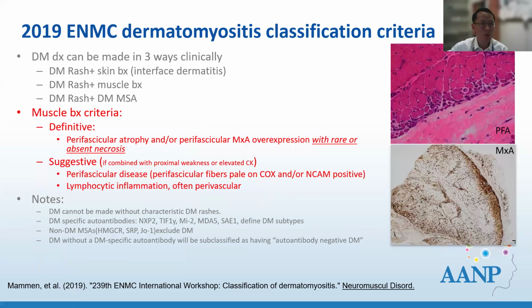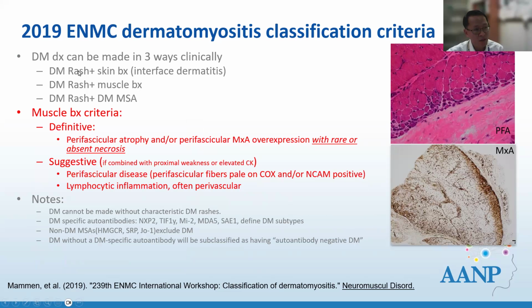Specific to dermatomyositis, this is the 2019 ENMC diagnostic criteria. This is a clinical diagnostic criteria which includes pathology. Basically, there are three ways that you can reach the diagnosis of dermatomyositis.